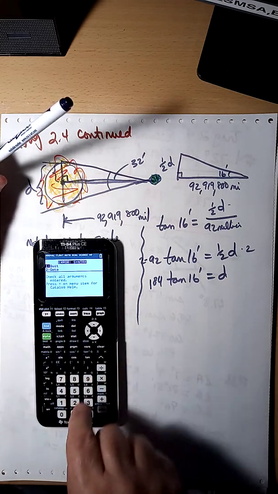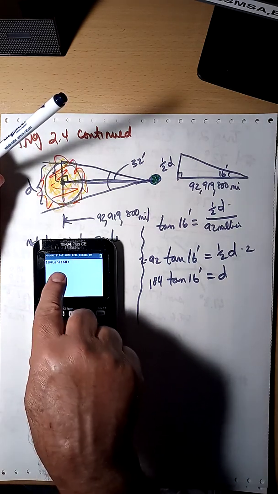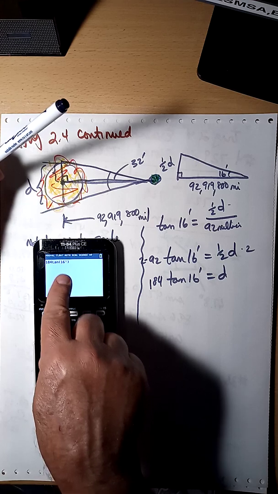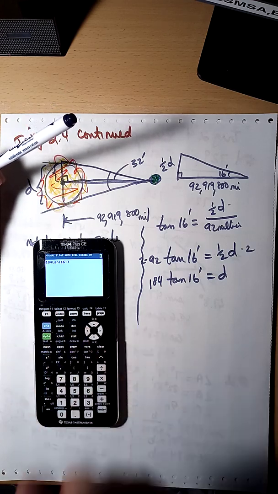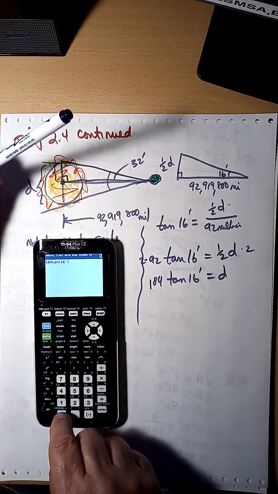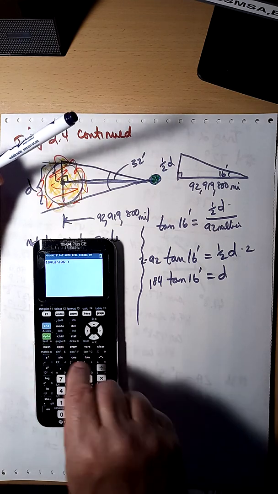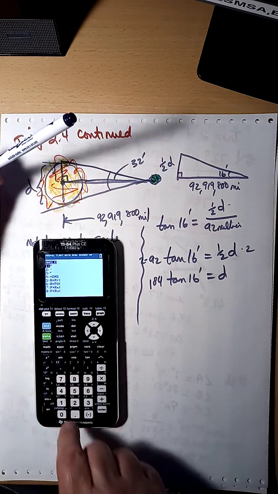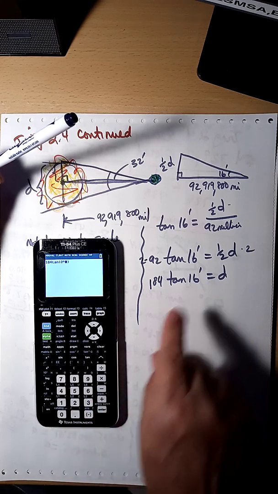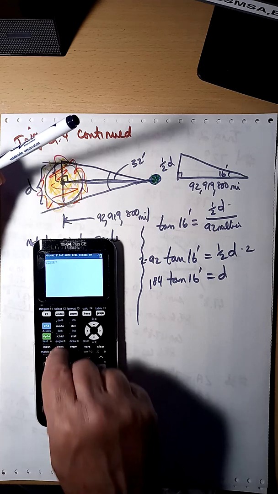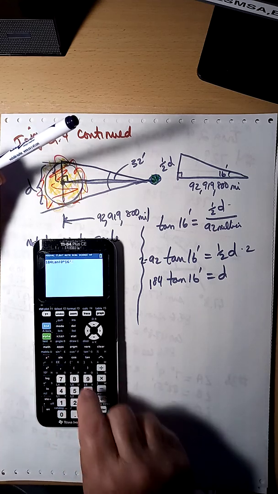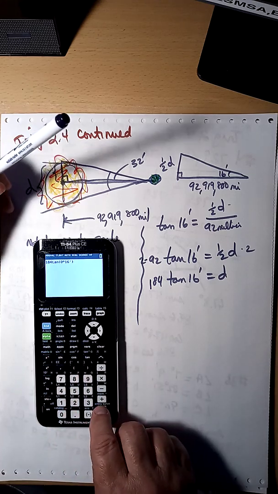It'll try to put you where there's the possibility of an error. What it wants for this angle is degrees also, even if it's 0. So you have to put in 0 degrees, and then the 16 minutes. Otherwise, it'll give you an error.